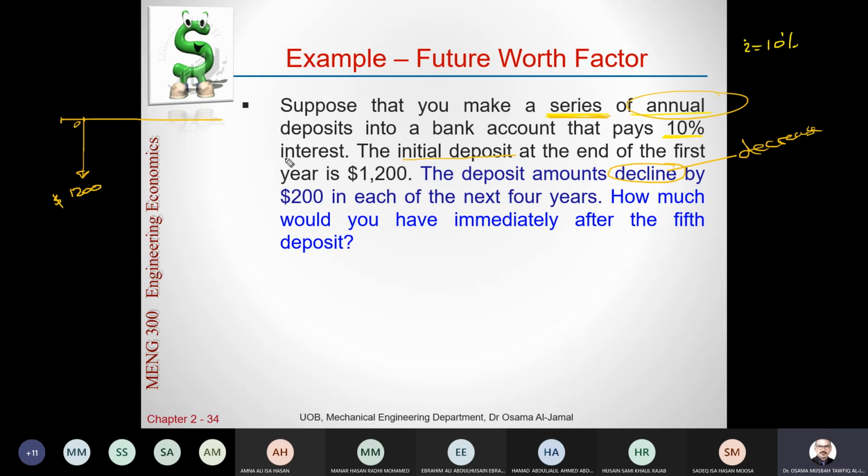By how much? $200. This amount, they are not going to continue putting that $1,200. It's going to decline by $200 in each of the next 4 years.